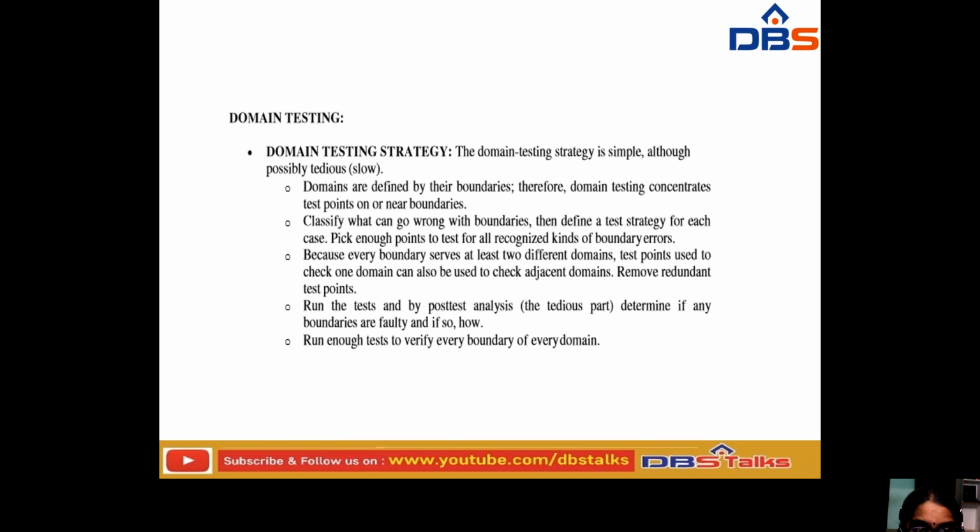Why? Because every boundary serves at least two different domains. Test points used to check one domain can be used to check the adjacent domains, so we can remove the redundant test points. Then we can run the tests, and by analysis determine if any boundaries are faulty, and if so, how. So we run tests to verify the boundary of every domain.